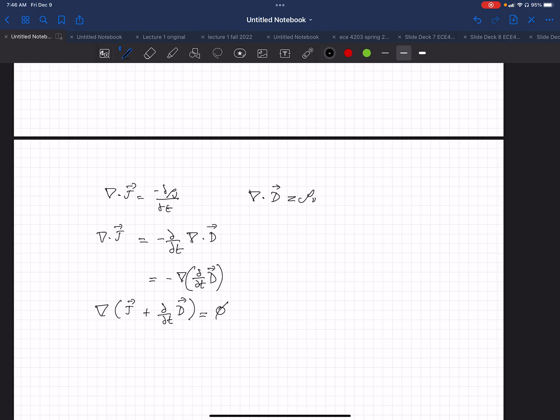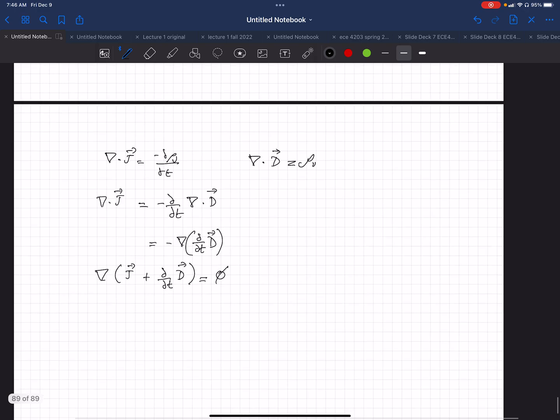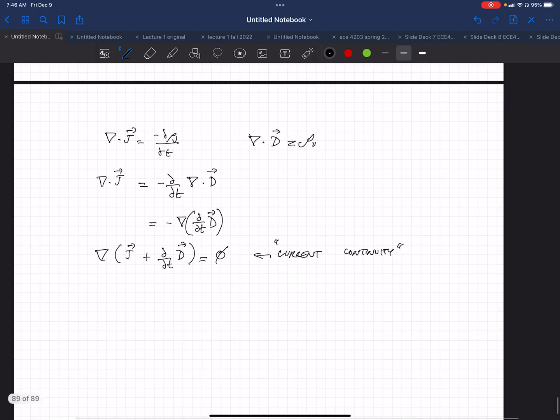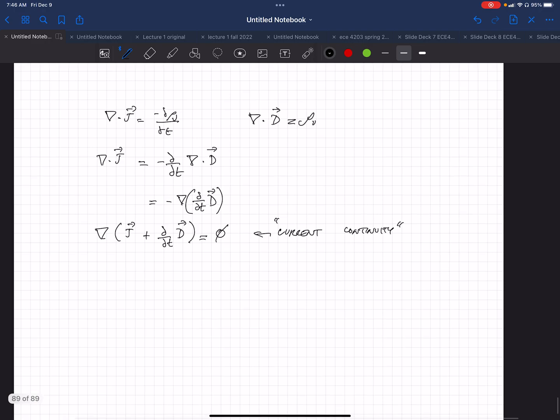And this is something referred to as the current continuity equation. It's equal to 0. So this definition of divergence is this surface integral.